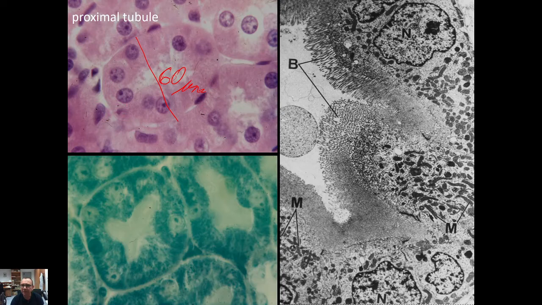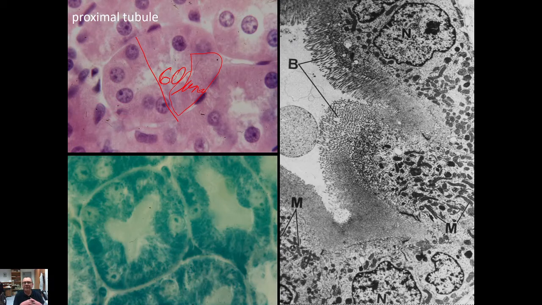We can see huge parts of the wall having no nucleus because the cells are so big that we can cut them laterally in the area where is their nucleus. So cuboidal cells of proximal tubules are big.